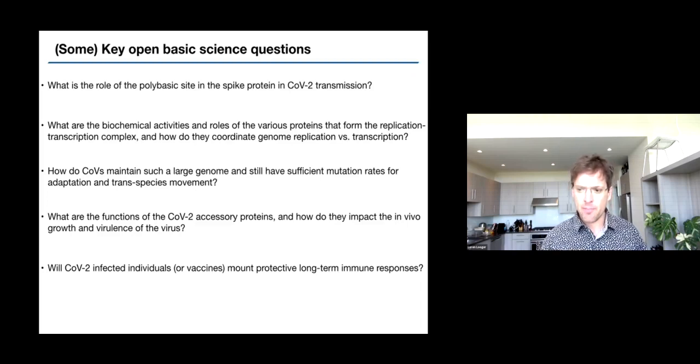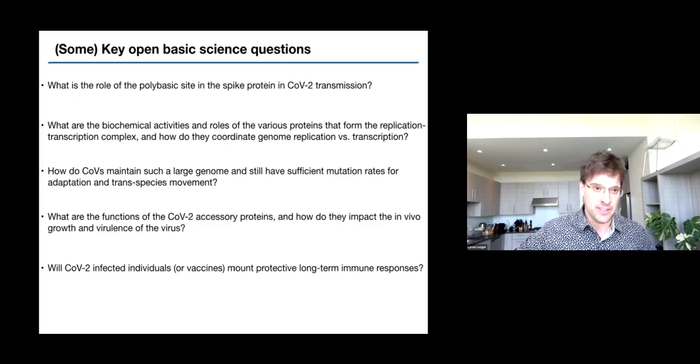So reading up on the SARS-1 literature, I see that they managed to figure out, you know, we all know that ACE2 is the primary receptor for SARS-1 and SARS-2, but they managed to track down a number of co-receptors for SARS-1, most notably DC sign, a C-type lectin, and DPP4.